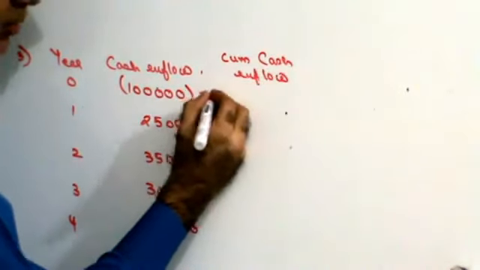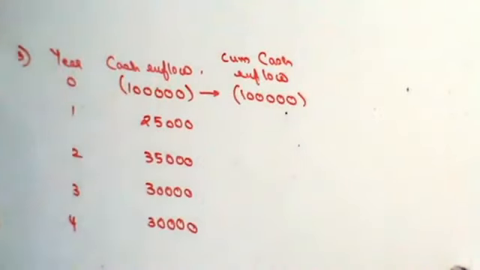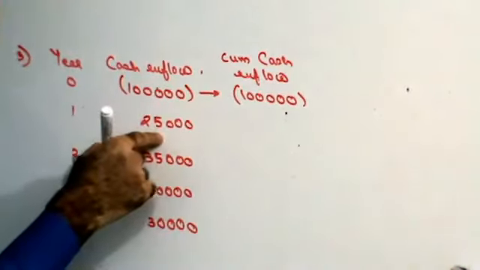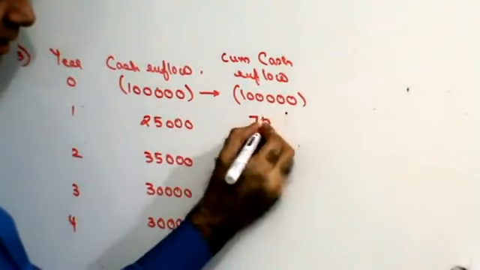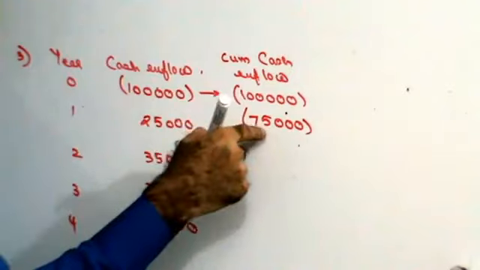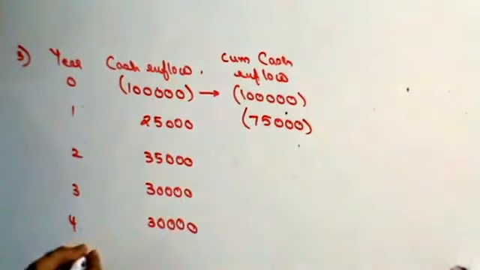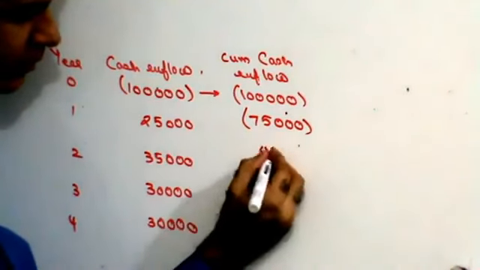How do you do this? Write this figure here as it is, 1 lakh negative. 1 lakh negative plus 25,000 is 75,000 negative. Write it in the adjoining column. 75,000 plus 30,000 is going to be 40,000 negative.